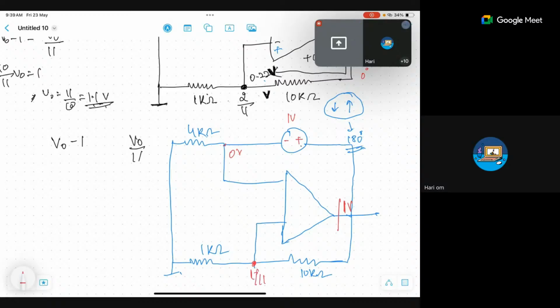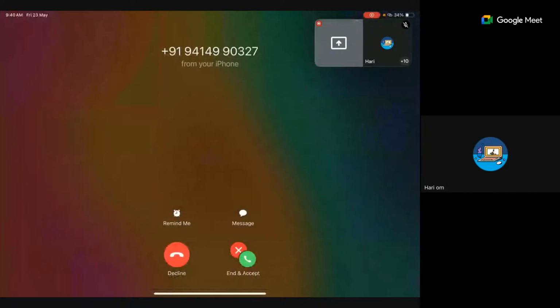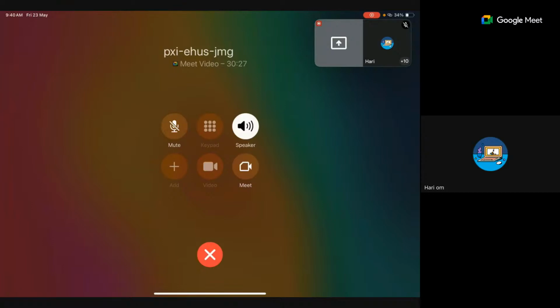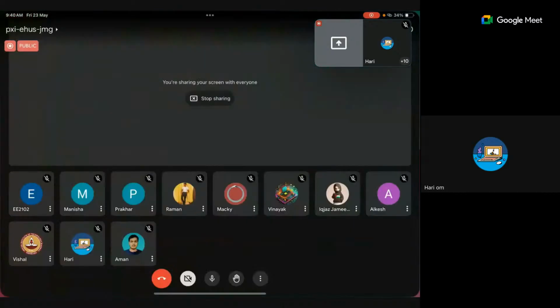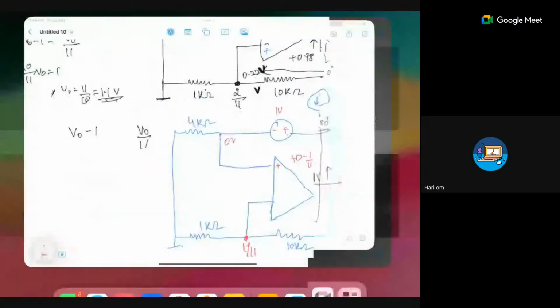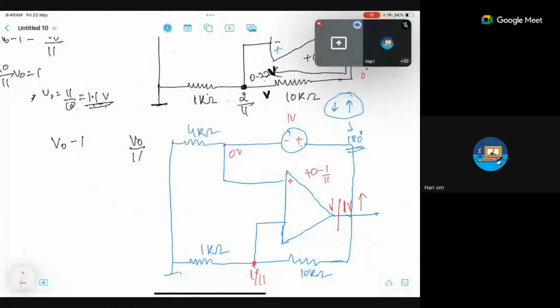If I connect a positive terminal, positive 0 and negative 1 by 11, so we are getting a negative voltage. So if I increase the voltage, I am getting a negative direction voltage. So basically 180 degree phase shift.